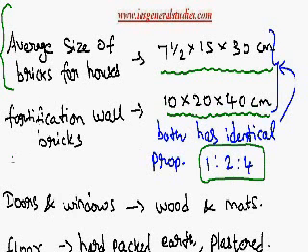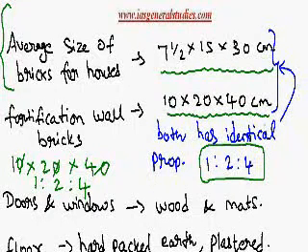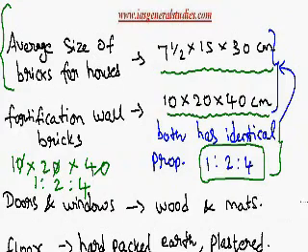Take 10, 20 and 40; cancel the zeros and the ratio is 1:2:4. In the same way, 7.5, 15 and 30 is also in the ratio 1:2:4. This may be our prelims question. So you have to remember these dimensions to a certain extent and how they are proportional, when comparing the average size of house bricks and fortification wall bricks.